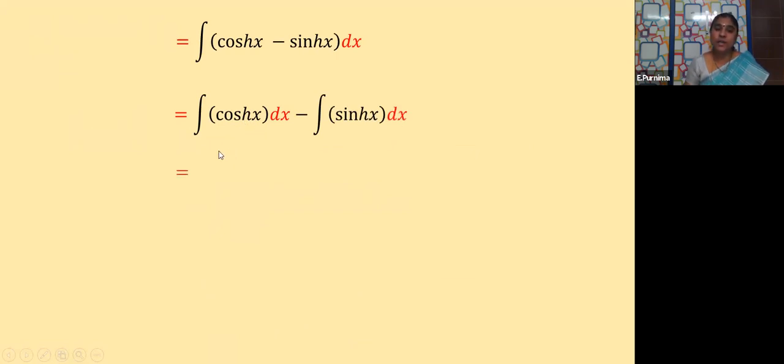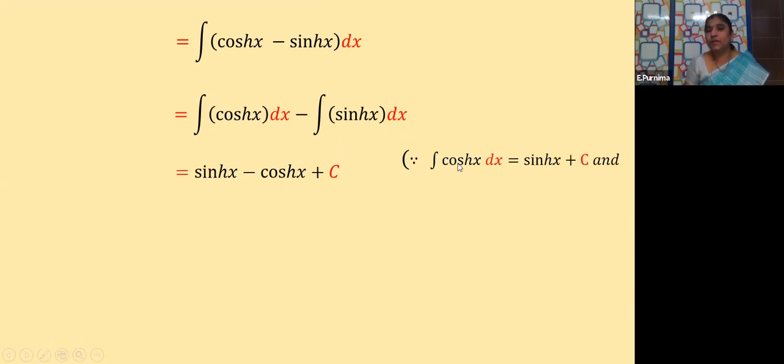Integral of cosh x is sinh x, and integral of sinh x is cosh x. Just now, at the start of the session, I have shown you the formulas, so in that we can find this: integral of cosh x is sinh x and integral of sinh x dx is cosh x plus c.